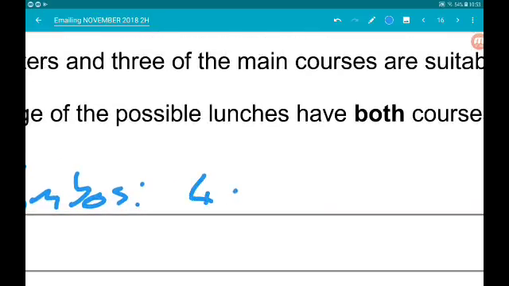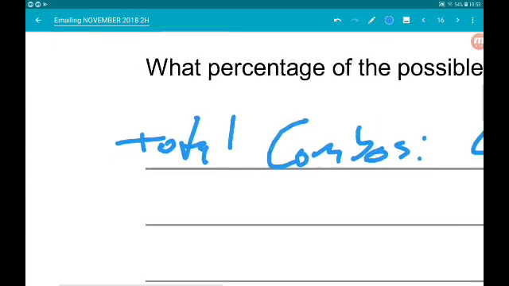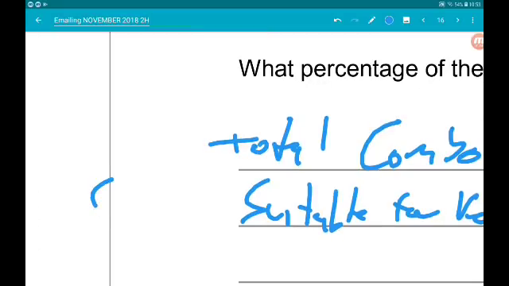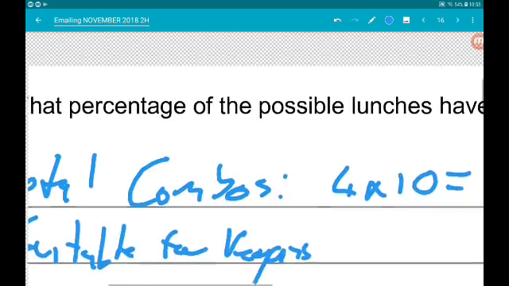So 4 times 10 is 40. Now the combos that are suitable for vegans.